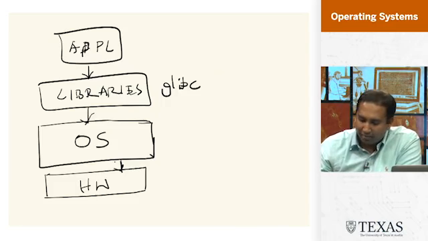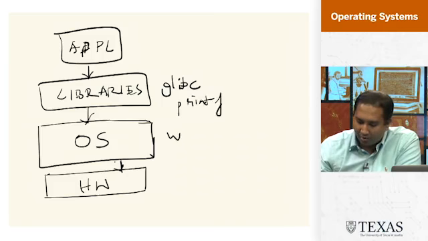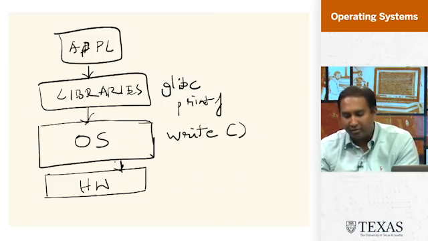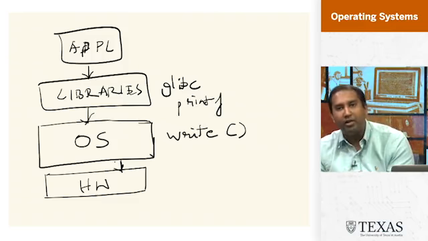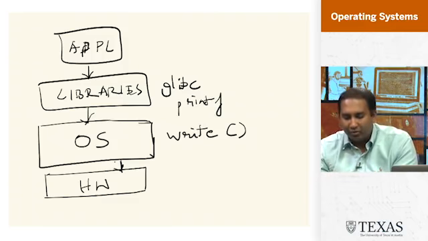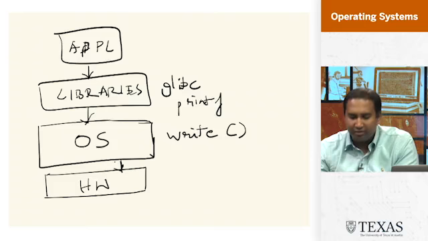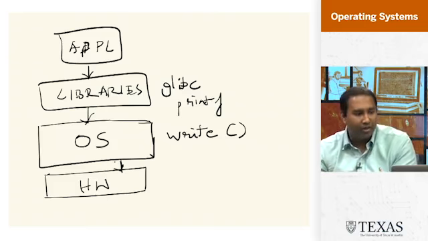A printf would be a function in glibc which would be calling write at the OS level. So all the library functions get translated into system calls at the operating system level. But let's not worry about that for now. This is just to give you a high level idea of what the stack looks like. Your operating system is sitting closest to your hardware, and it is providing different services to applications and users. What we're really going to learn about is how this operating system is actually implemented.